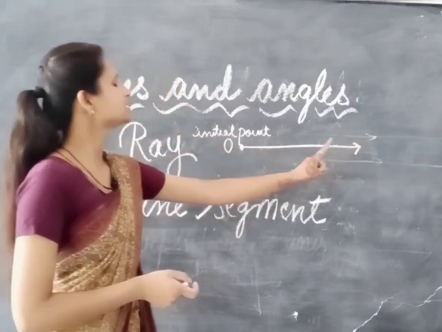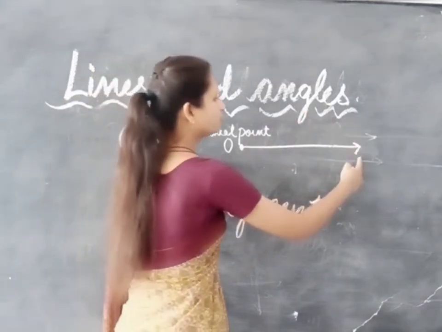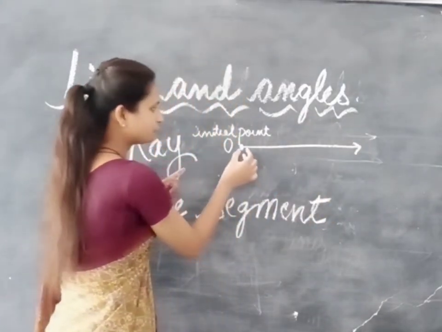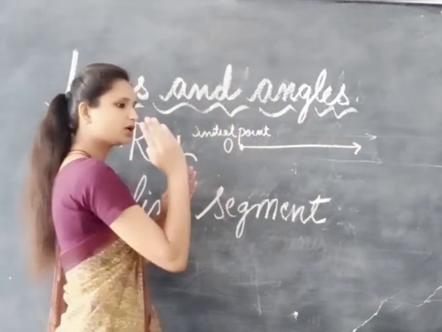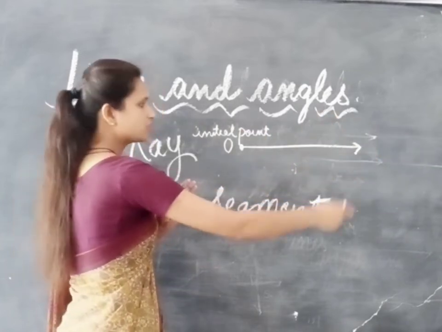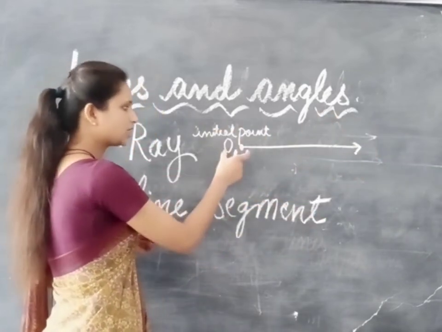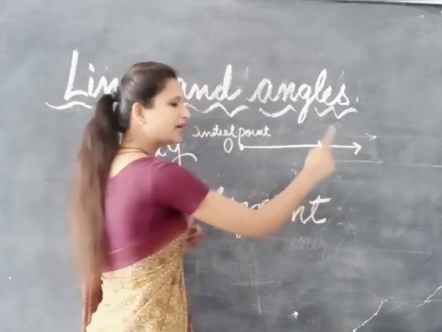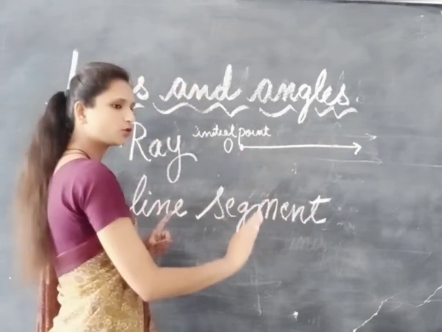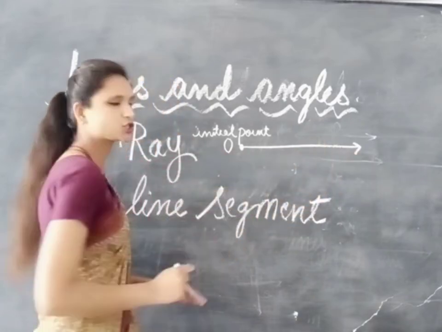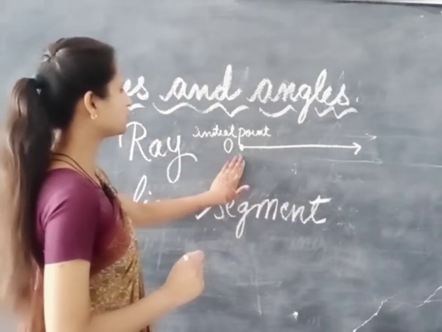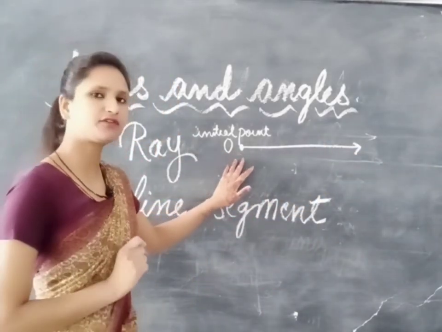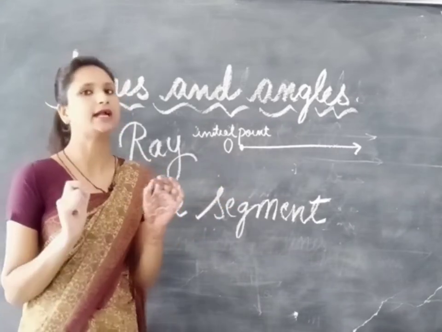Now, this line is moving in only one direction because here we have its initial point and we are moving in only one direction. So, a ray has an initial point and it moves in only one direction endlessly. It is called a ray. What is the difference between a ray and a line?